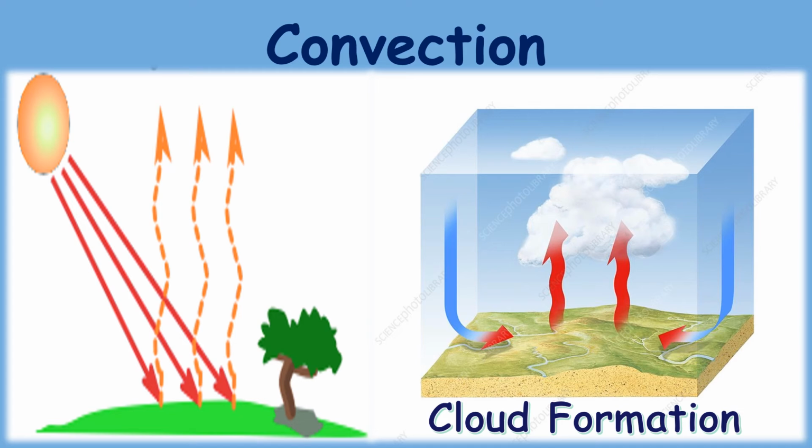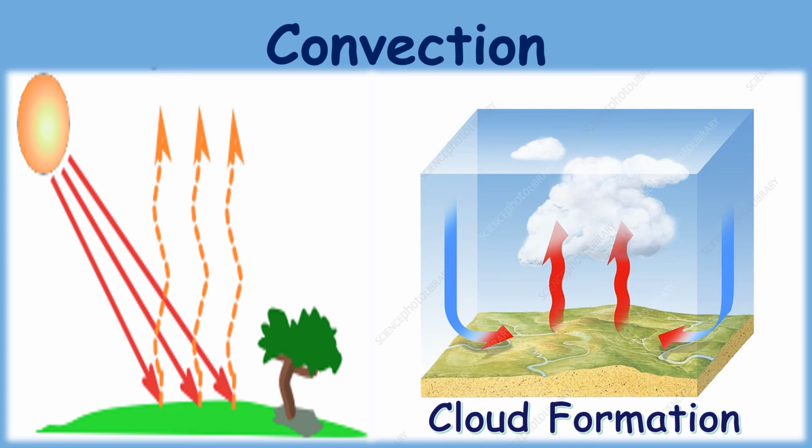Now, how do you think cloud is formed? When the sun warms the ground, the air above the ground is heated and begins to rise. This warm air containing water vapor rises in a process known as convection. Since the upper troposphere has less pressure than the troposphere below it, the rising air and water vapor will expand, become cooler, and the vapor will condense or turn into liquid.